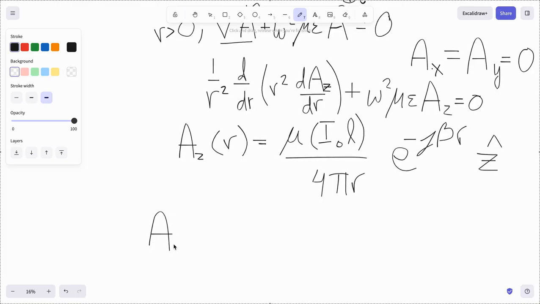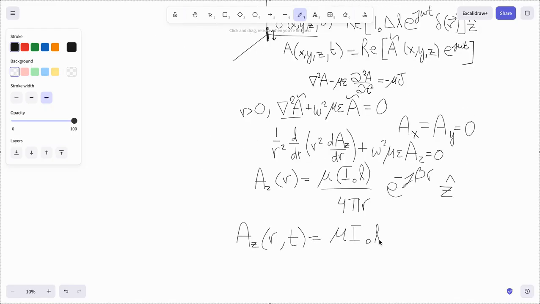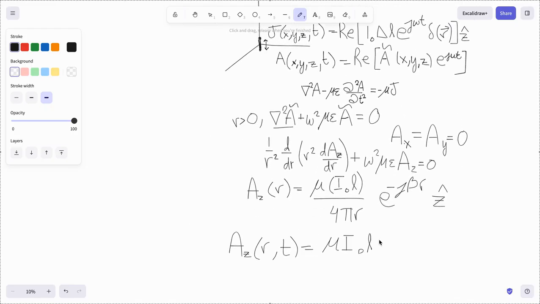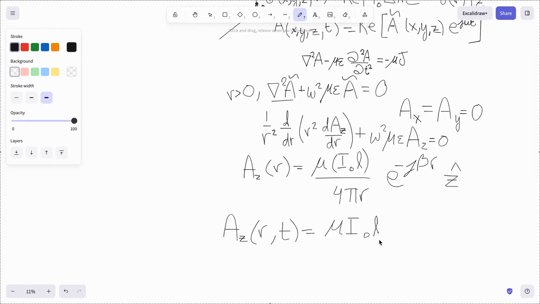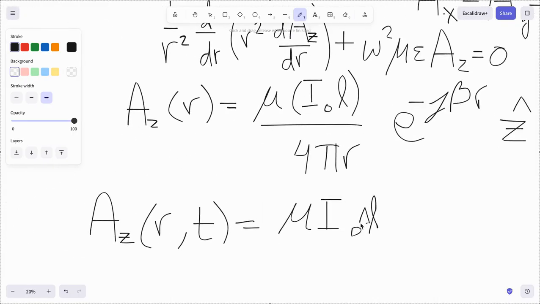If we look at this as a function of time as well, then we get this expression: mu I delta L over 4 pi r times cosine of omega t minus beta r.